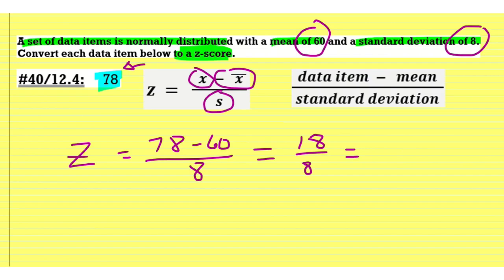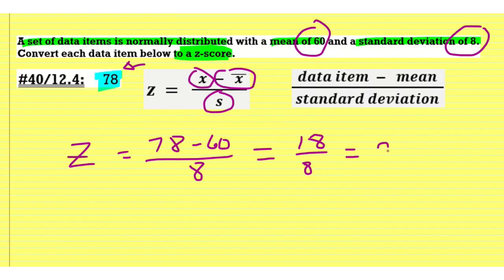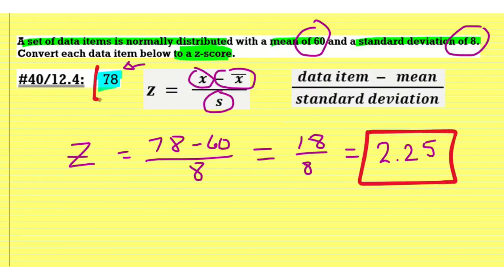If we get our handy dandy calculator, 18 divided by 8 gives us 2.25. So the z-score for this data point of 78 is 2.25. What does that mean? The 2.25 means that 78 is 2.25 standard deviations above the mean.